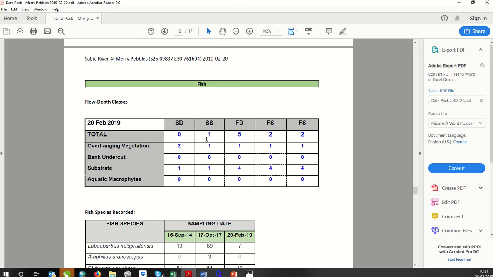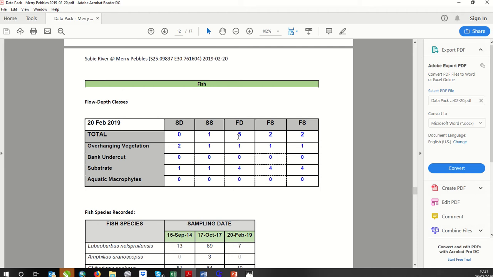Slow shallow, very limited in terms of the assessment. Fast deep is very, very common. So this is a rating from 0 to 5. You can see that fast deep was very abundant and very common. And you can see that where you have very high substrates like in-stream cobbles and boulders, that's the assessment that they obtained, and the related cover to that very high assessment.